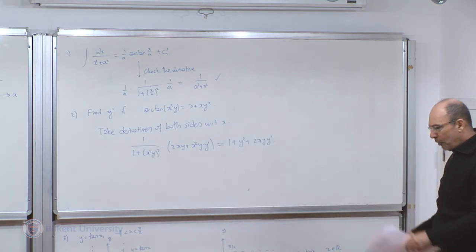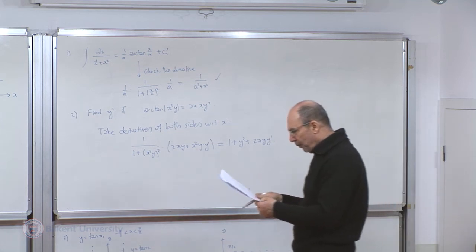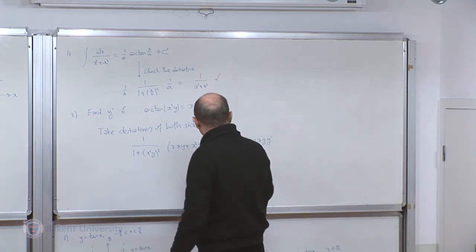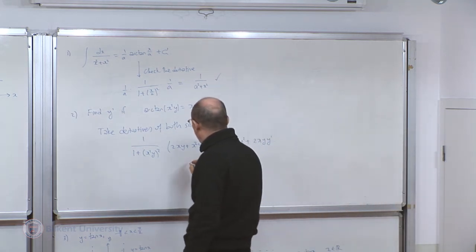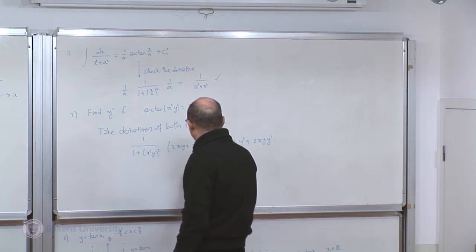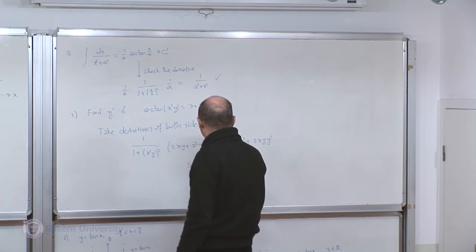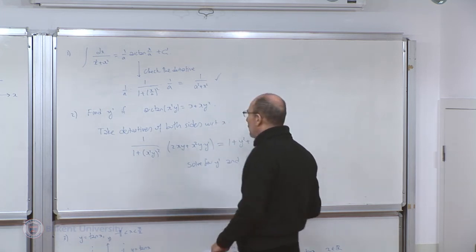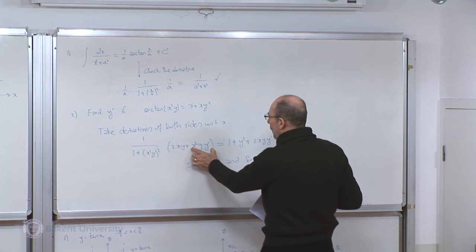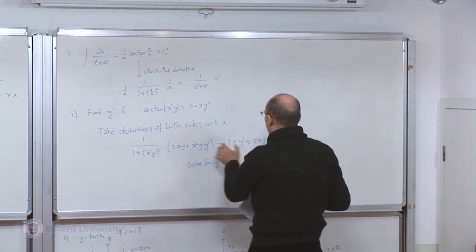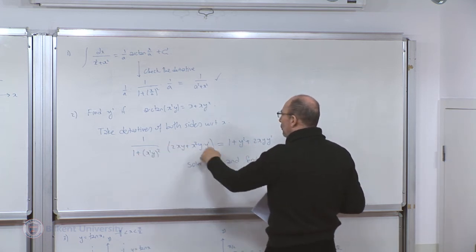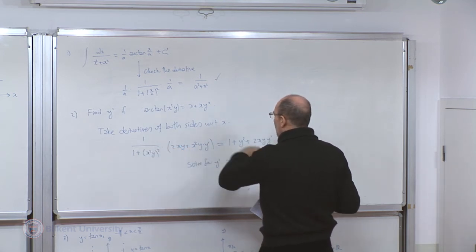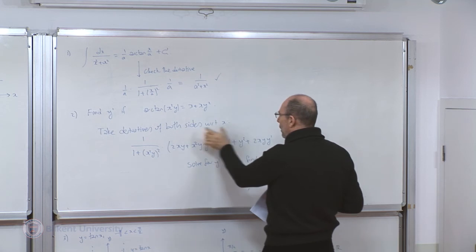Okay, so now I collect terms. Well, simplify, solve for, leave the calculations to you. Solve for y prime and find y prime. So you see here, y prime over this is a term containing y prime. You leave it there. Then this times this you take to the other side, and this you take to the other side.